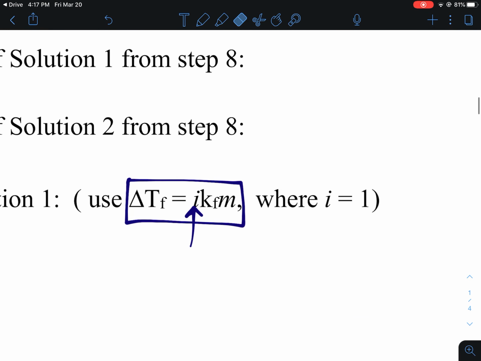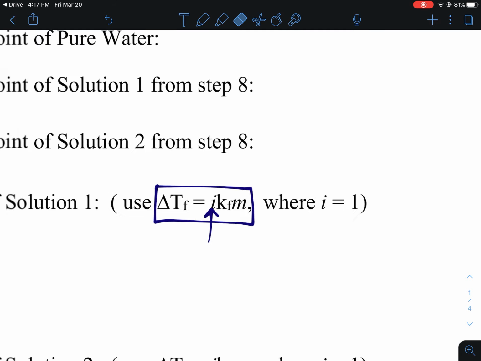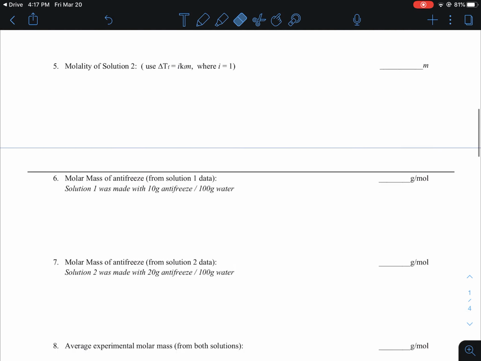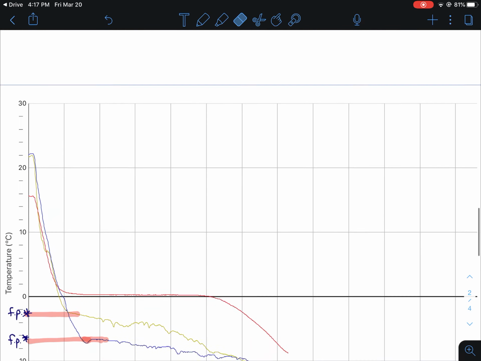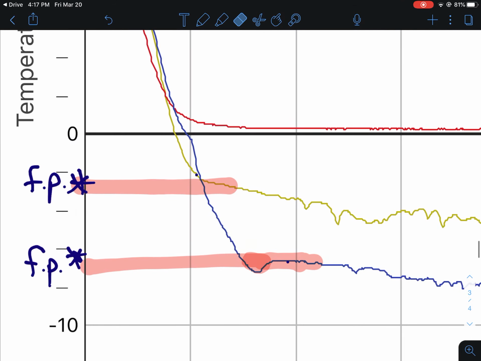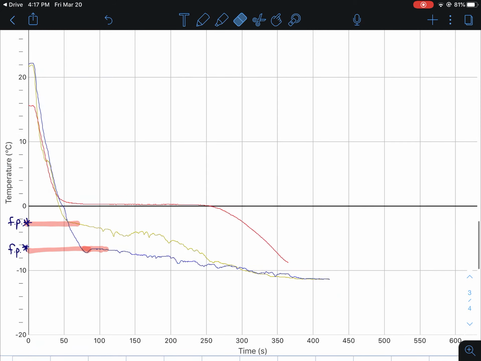K is given. You always know K for a water-based solution. And then molality, you're going to be able to figure out the molality because you're going to have the delta T from the graph. So you're going to have to estimate what this change in temperature is for solution 1 and solution 2.